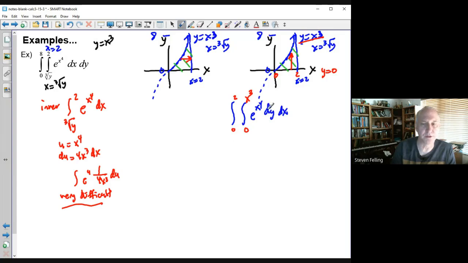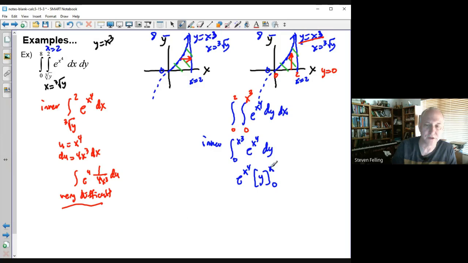But that's going to make this much easier to integrate because this is an x to the fourth here, not a y. If I do the inner integral now, I've got the integral from 0 to x cubed of e to the x to the fourth dy, and this whole thing is a constant now. So this complicated thing that we were trying to deal with before is a constant just times the y from 0 to x cubed.